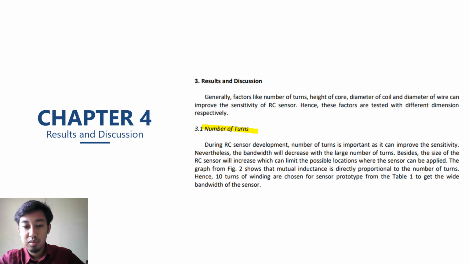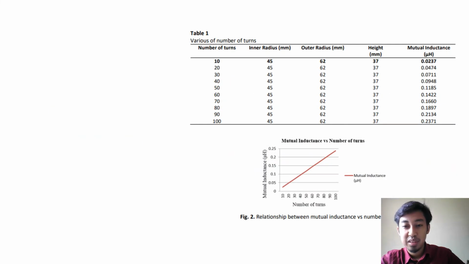The graph from figure 2 shows the mutual inductance is directly proportional to the number of turns. Hence, 10 turns of winding are chosen for the sensor prototype from table 1 to get a wide bandwidth sensor. This is the result, with a table and a graph.